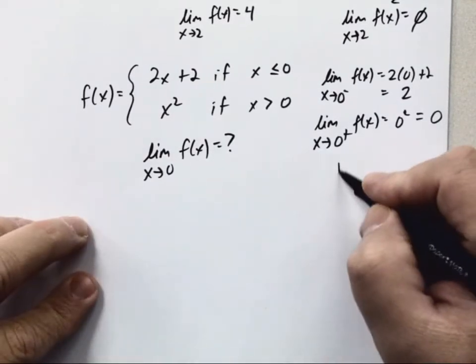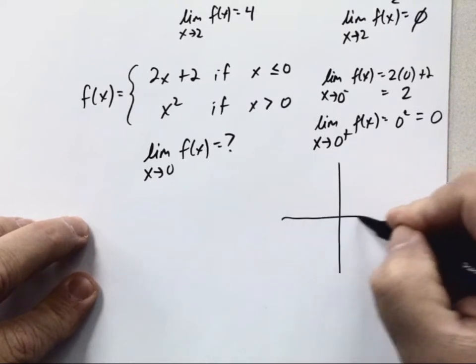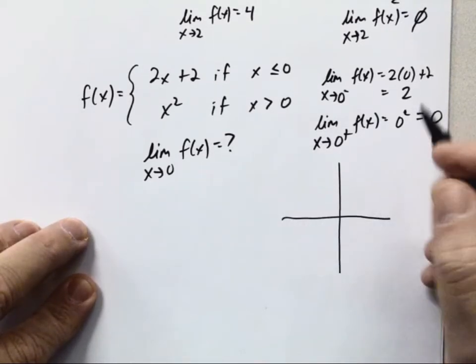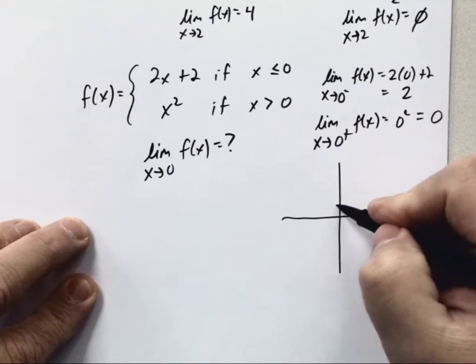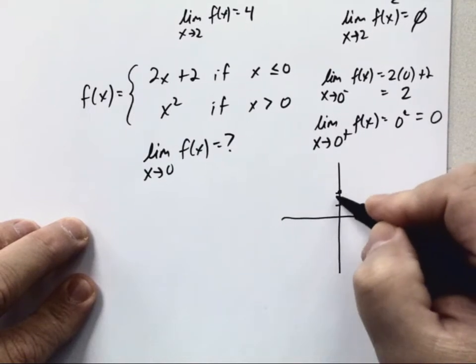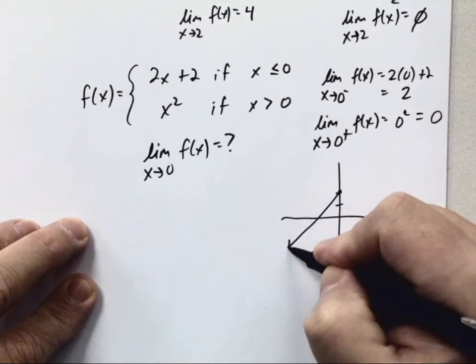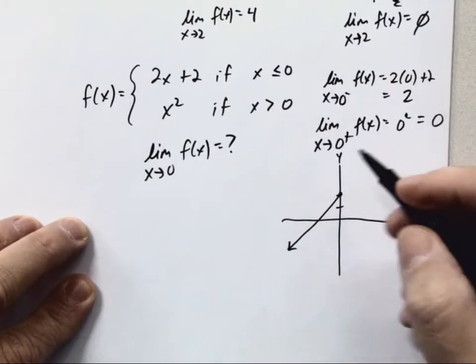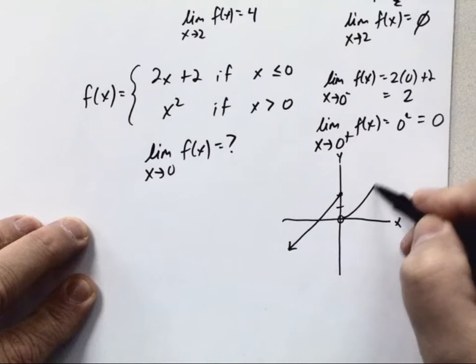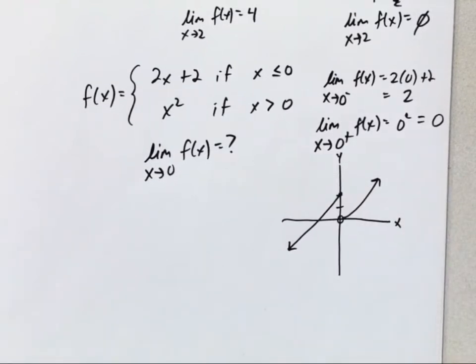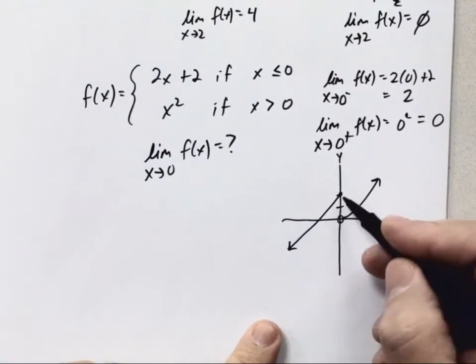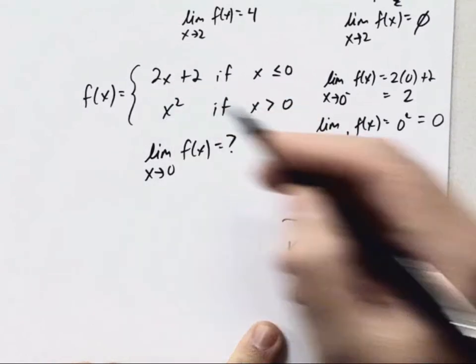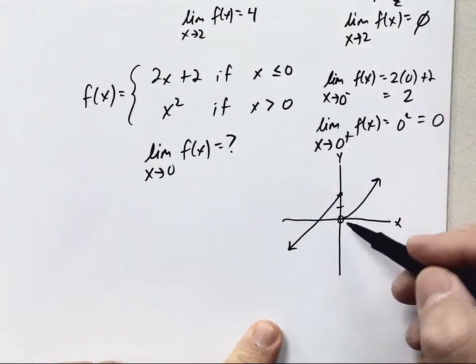I mean, actually, if I were to do a quick sketch, I think it looks like this. Here is the graph of my function when x is less than or equal to 0.